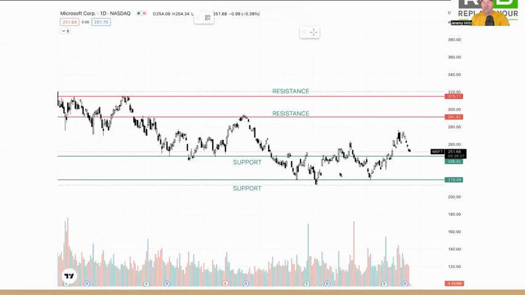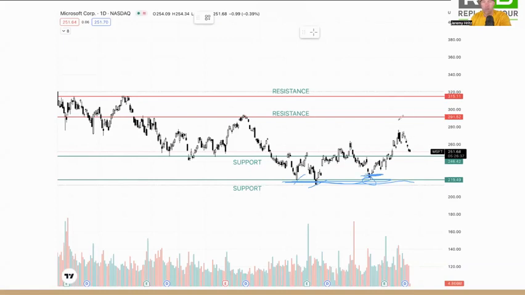We don't want this to be super complicated. If we know this is a support, and we had 2 times on Microsoft where it hit the support and bounced, and we saw it pull back down into here. Just based off of that, we know that, hey, this is typically a bouncing spot, so we can find an entry somewhere in this price range.